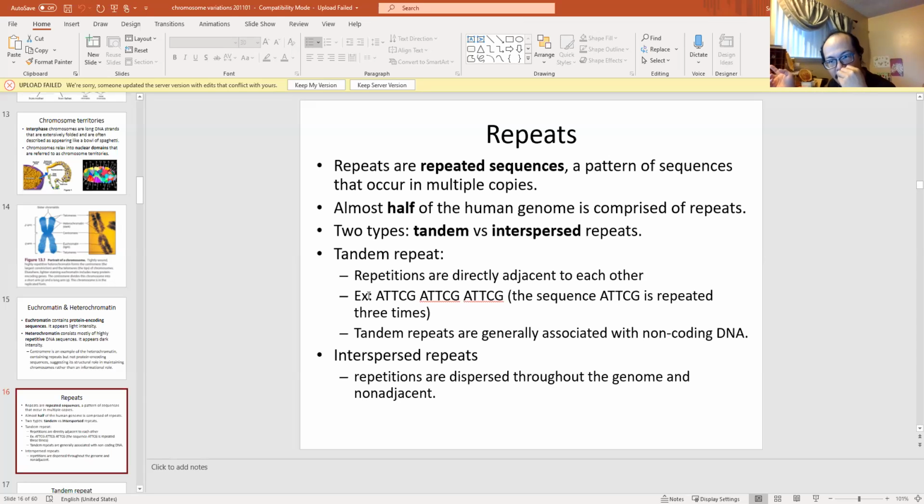It doesn't affect the function of our body because it is not a protein-encoding gene. They probably have some special function depending on the location, but do not fundamentally affect human function, right? The sequence is the same, but the length of the repeats varies between us.